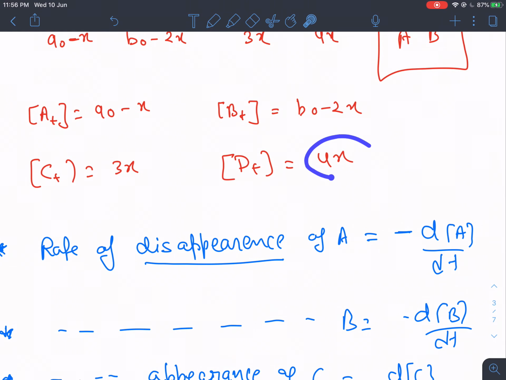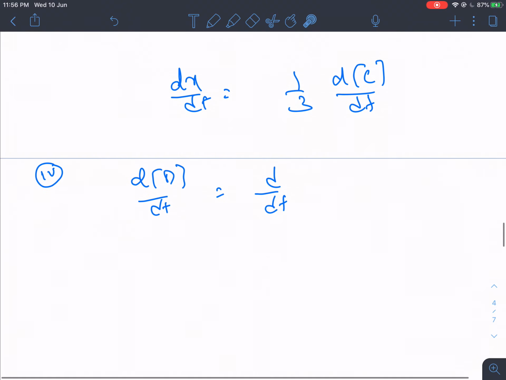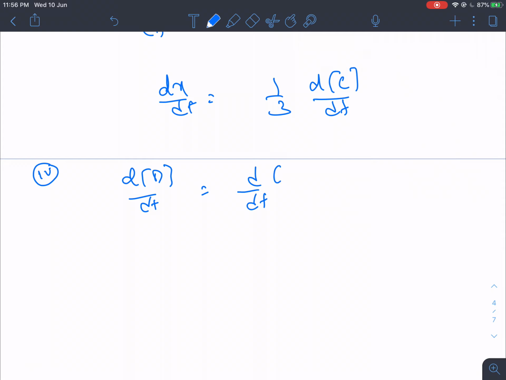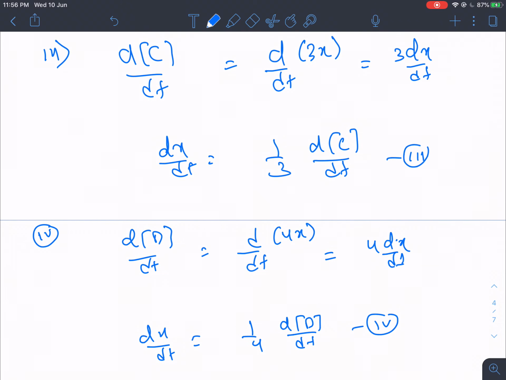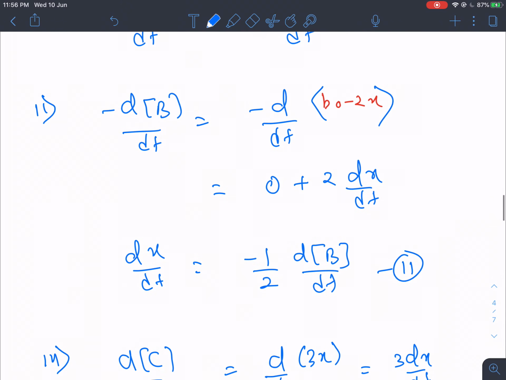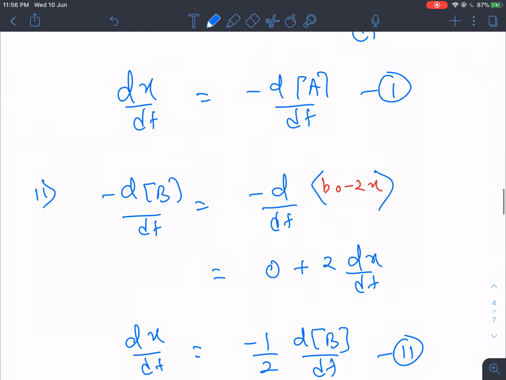It was 4x. So how much will we get? 4 times dx by dt. From here dx by dt is equal to 1 by 4 times dD by dt. So this is fourth, this was third, this was second, right, and this was first.